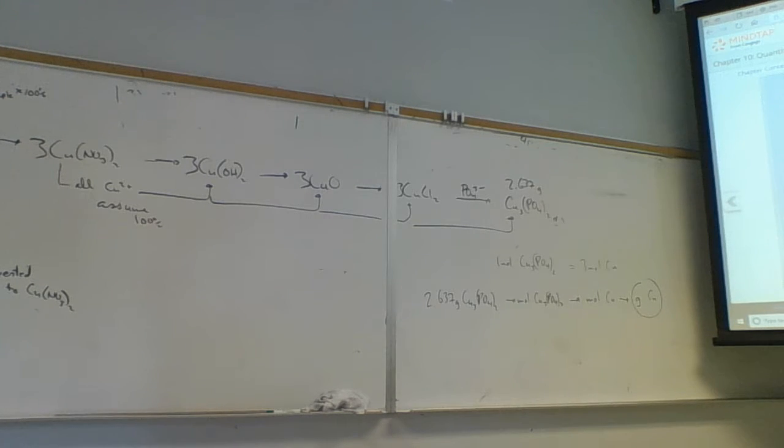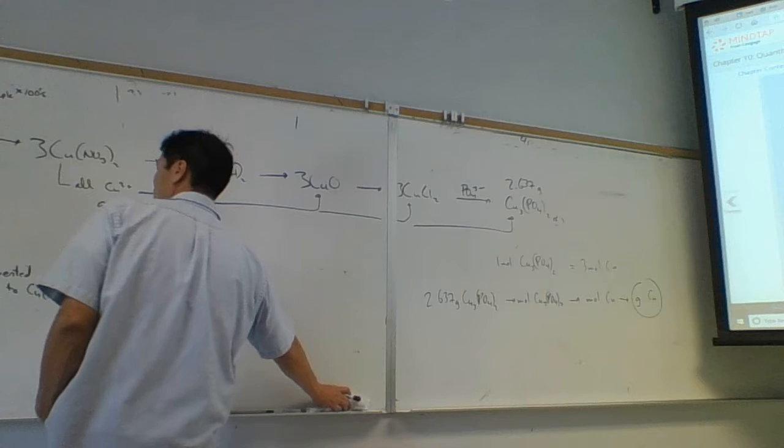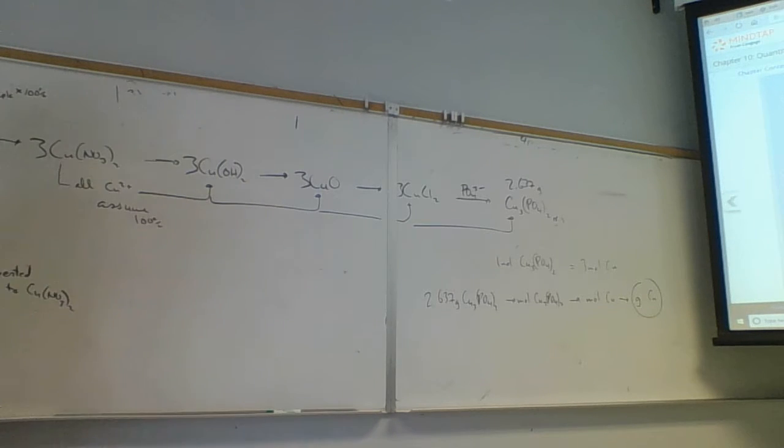This only works because we're only forming one product. Let's say I was burning charcoal. If I burned 1 gram of charcoal, which is carbon solid, and that was converted into CO2, how many grams of carbon do I have in my CO2?